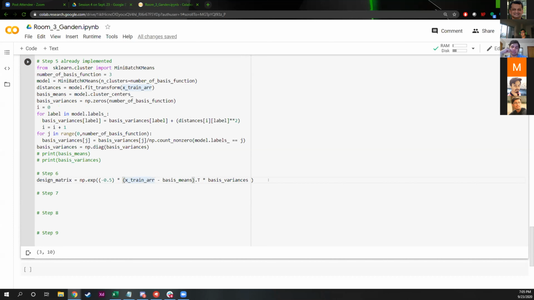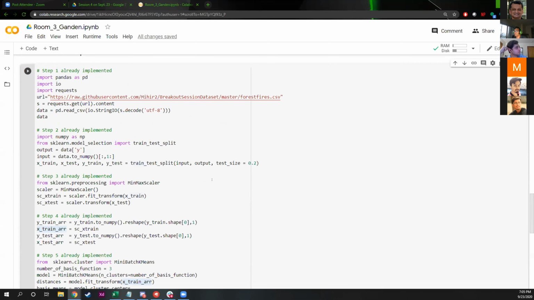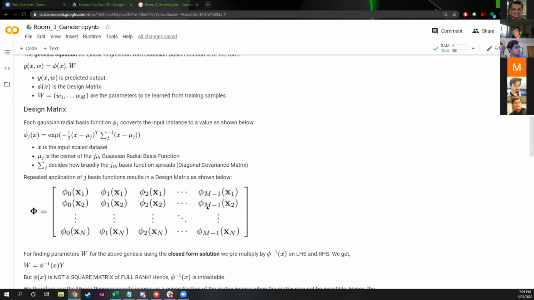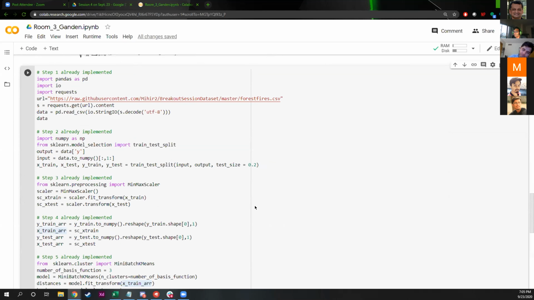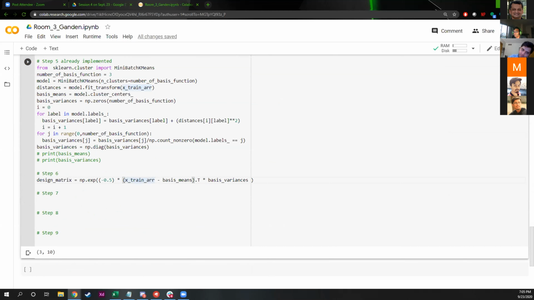So do we assume the first column is the distance from the first centroid? Yes, that's x minus mu j for that. So all I need to do is multiply that by the basis variance, the diagonal variance. The diagonal covariance matrix. Yes.